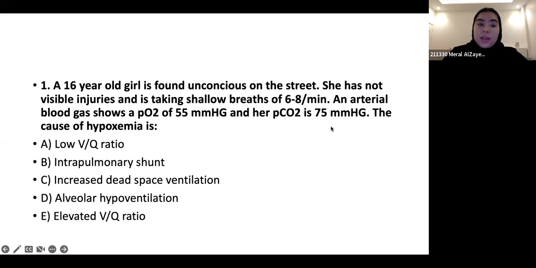An arterial blood gas shows a partial pressure of oxygen of 55 millimeters of mercury, and her partial pressure of carbon dioxide is 75. The cause of hypoxemia is A, low VQ ratio, B, intrapulmonary shunt, C, increased dead space ventilation, D, hypoventilation, E, elevated VQ ratio.